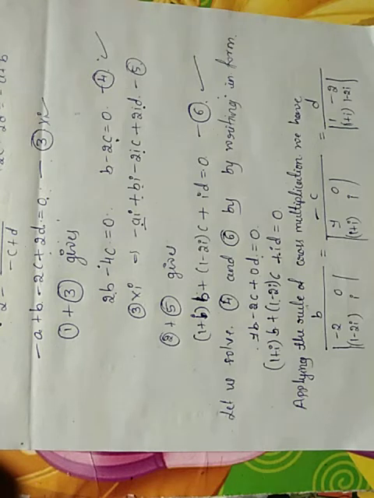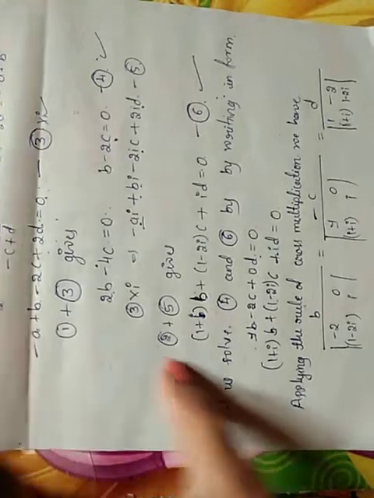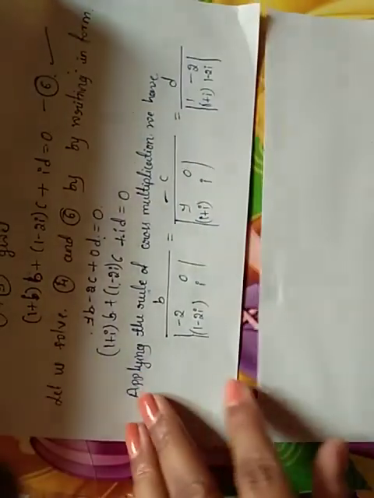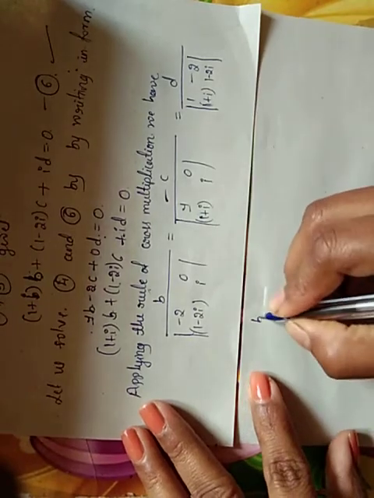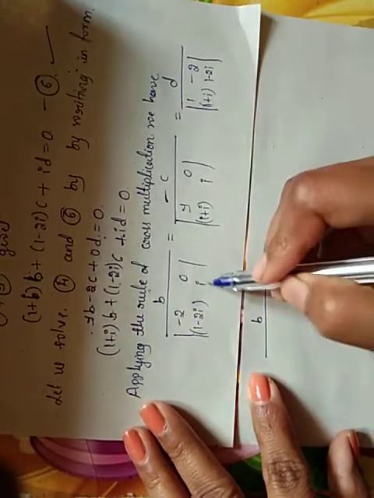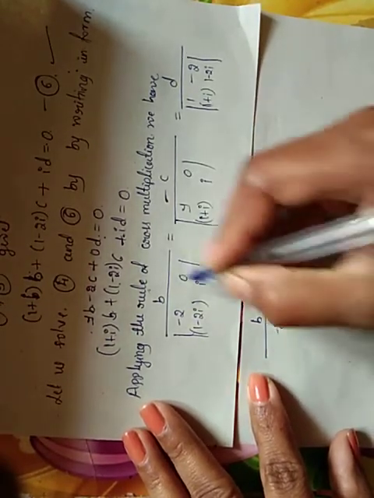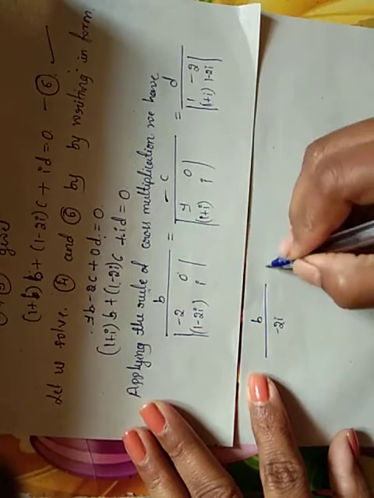Now we have to open the determinants of all the terms here, and then we get the unknowns b, c, d. b divided by minus 2 into i, minus 2i, 0 into anything is 0.